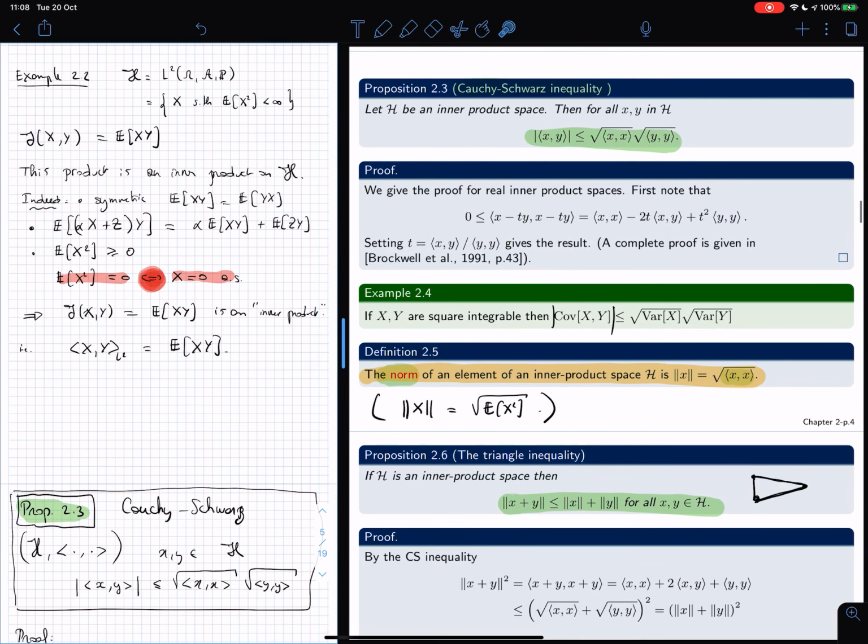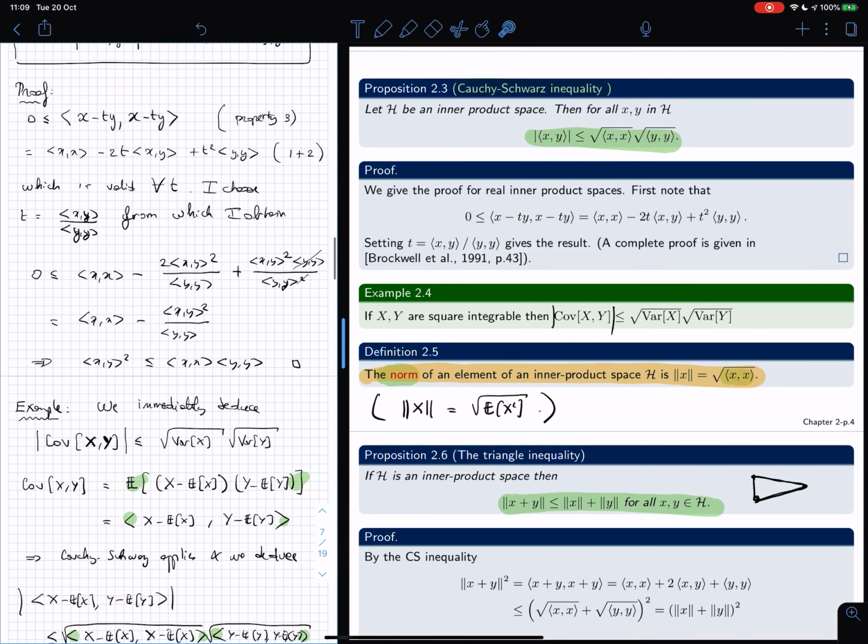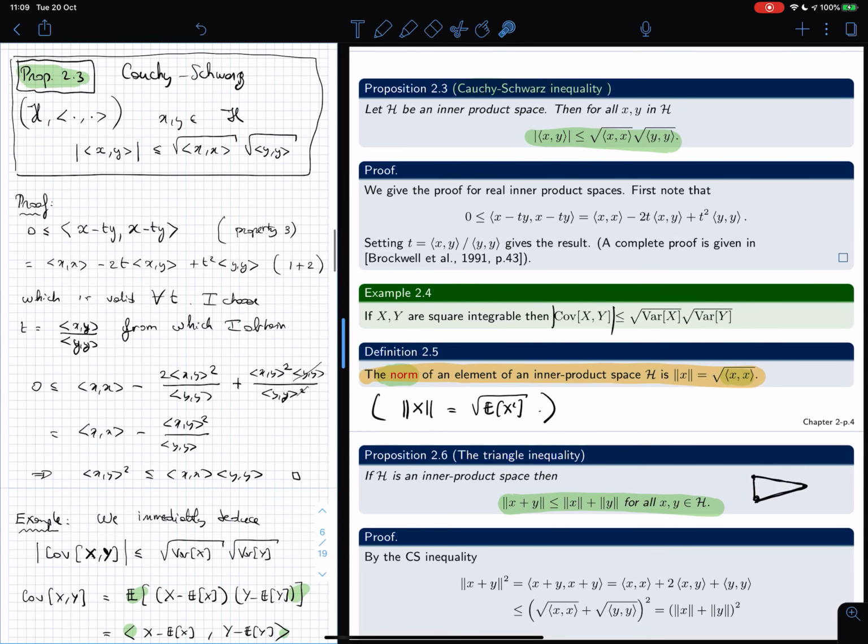So how do we get, for example, the Cauchy-Schwarz inequality? What is the Cauchy-Schwarz inequality? It simply says that the scalar product between x and y is always upper bounded and lower bounded by plus or minus the square root of the scalar product of x with x times the scalar product of y with y. Why is this interesting to people who study stochastics?